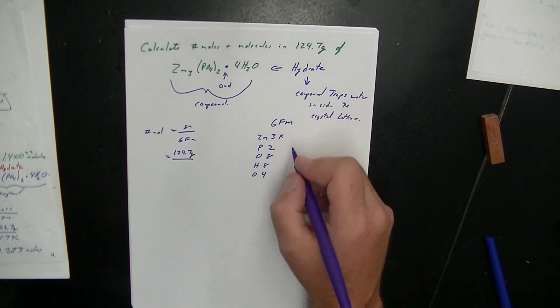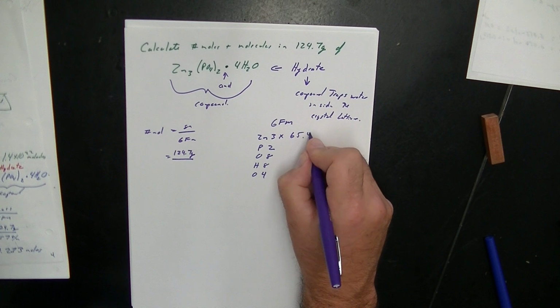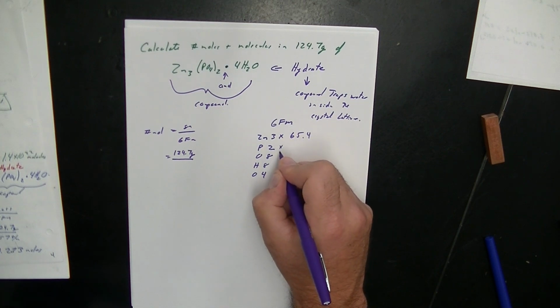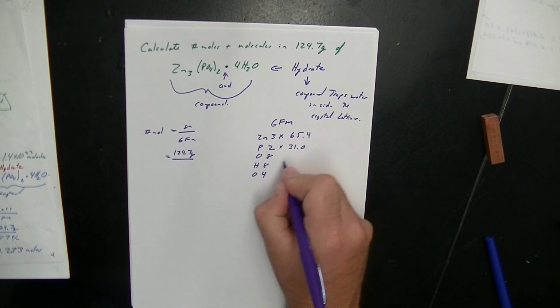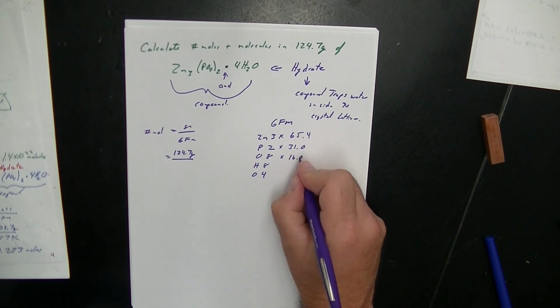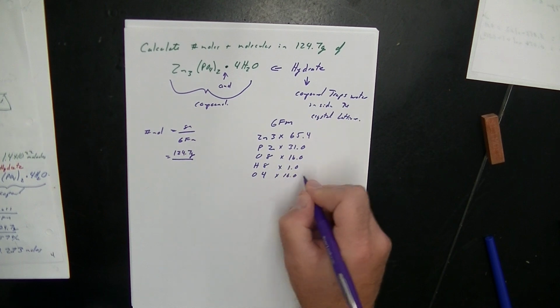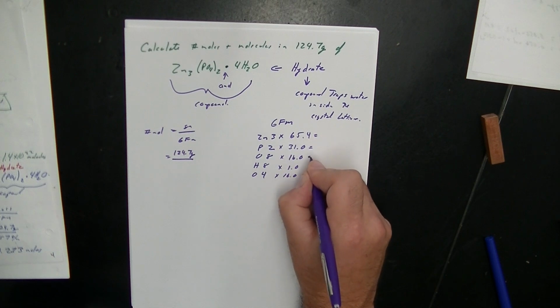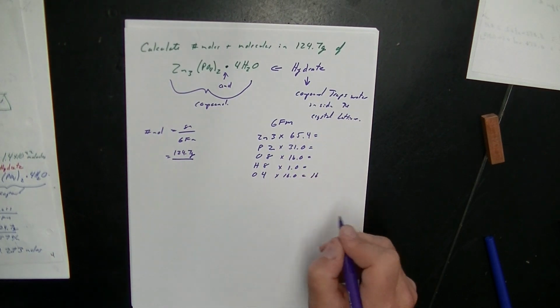So this is going to be, zinc is 65.4. Phosphorus is 31.0. Oxygen is 16.0. Hydrogen is 1.0 and 16.0. Oops.